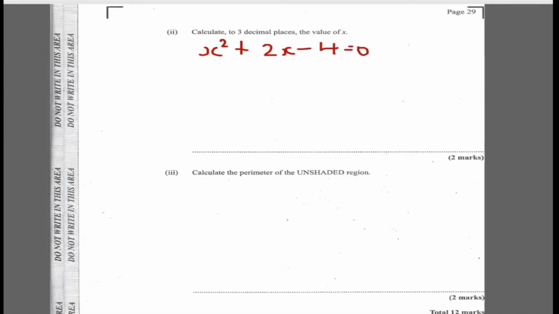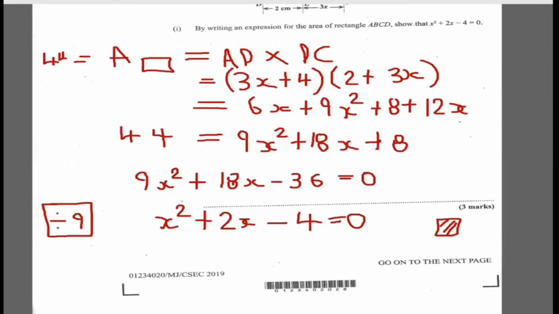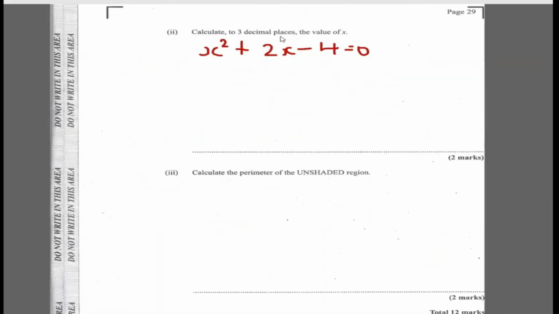Now, x squared plus 2x minus 4 equals 0. Since they tell us the 3 decimal places, I want you to use the quadratic formula right away.